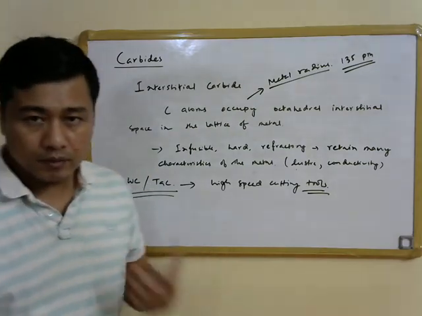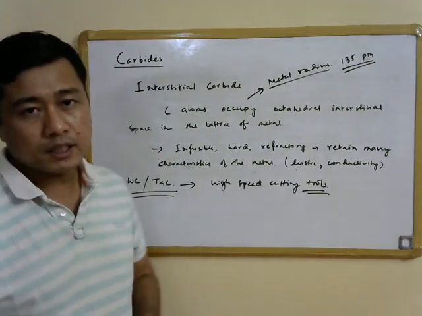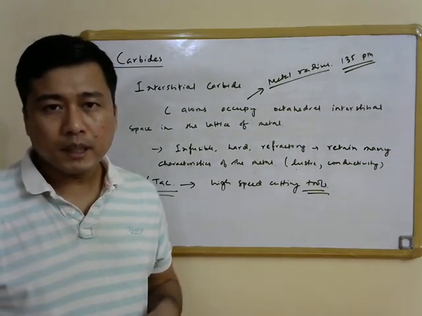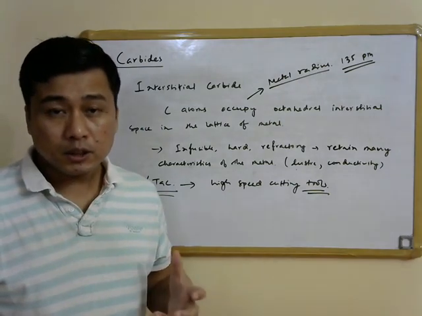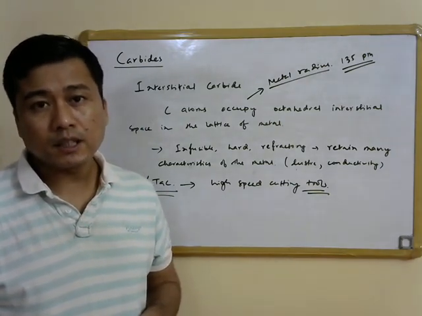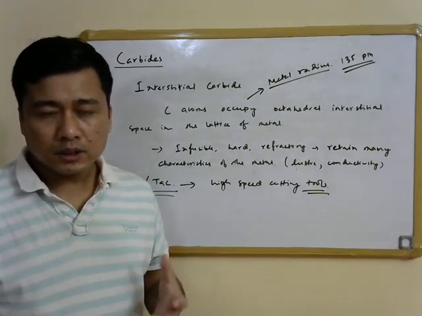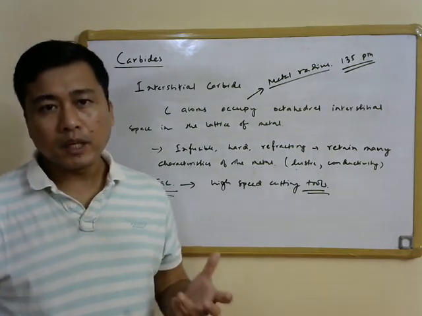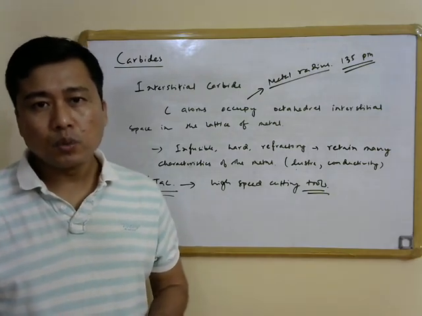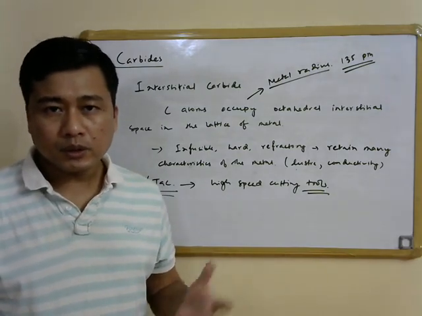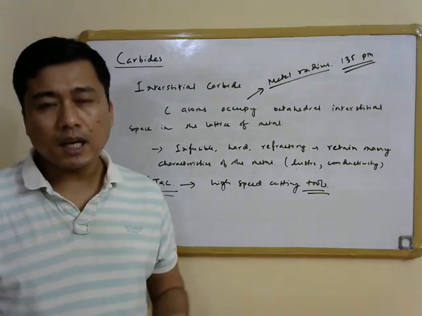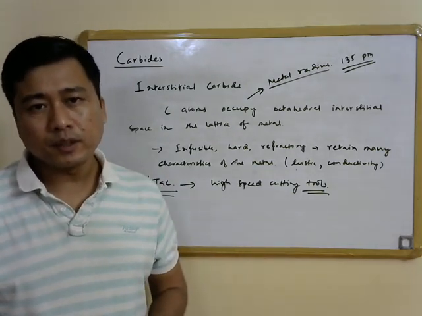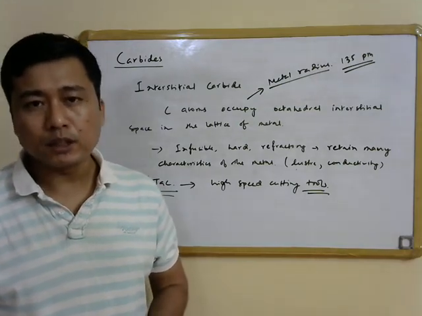Then we have looked at the interstitial carbides, which are carbides where carbon atoms occupy the octahedral interstitial space of the metallic lattice, and these interstitial carbides are non-reactive in nature. Unlike the ionic carbides, they do not react with water, and because they are also infusible, they're hard as well as refractory in nature. That is why they have found application in high-speed cutting tools.